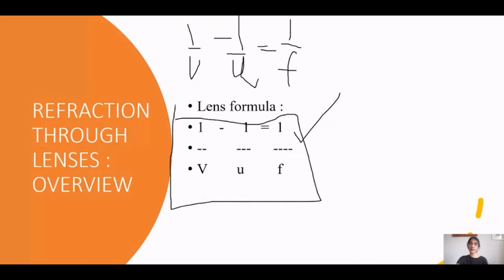In your previous classes, you must have studied the curved surface formula, which relates refractive indices, and the lens maker's formula. But right now, what you have to focus on is the lens formula. That is 1 by V minus 1 by U equal to 1 by F, where V is image distance, U is object distance, and F is focal length.